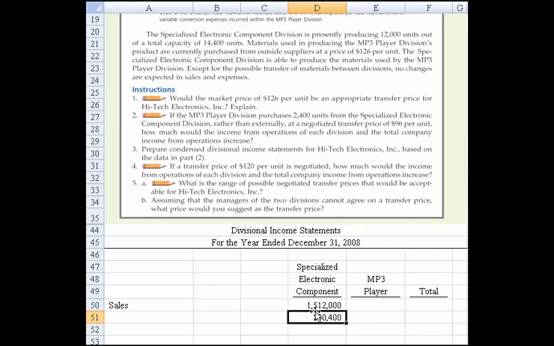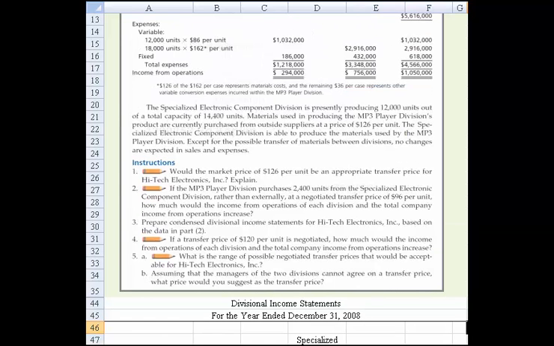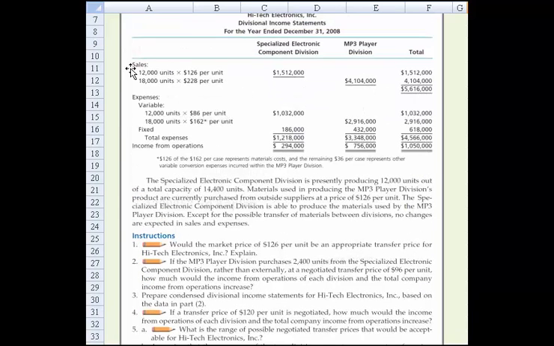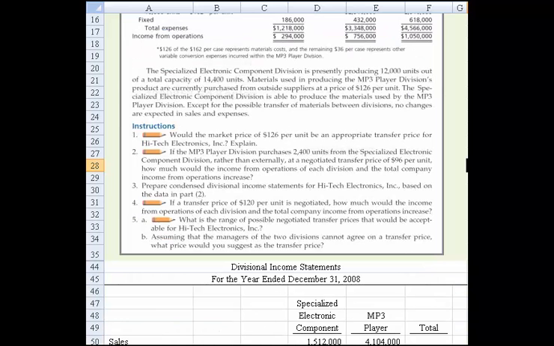Now MP3 also had external sales equal to 18,000 units times $228. And if I slide up, you'll see that information right up here. There's our 12,000 units, the 18,000 units, and now we're factoring in the information of number 2, which is 2,400 units being sold from SEC to the MP3 division.